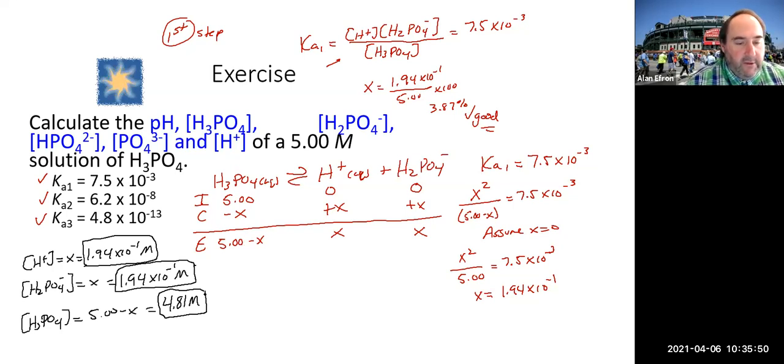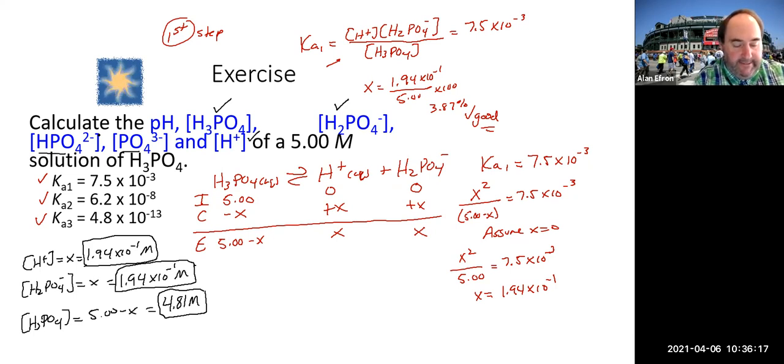Okay. So just from doing this first ICE table, we were able to get this guy's concentration, the H plus concentration, and the H2PO4 minus concentration. Now, we are looking for some other concentrations here. So that's going to make us go into the Ka2 and also the Ka3 values as well.